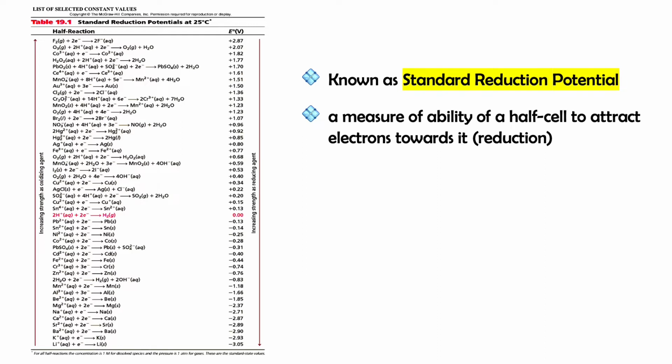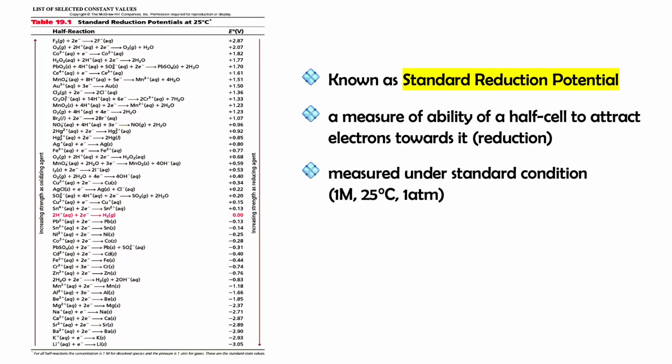It is the measure of the ability of a half cell to attract electrons towards it. This standard reduction potential is measured under standard conditions, which is 1 molar, 25 degrees Celsius, and 1 atmosphere.